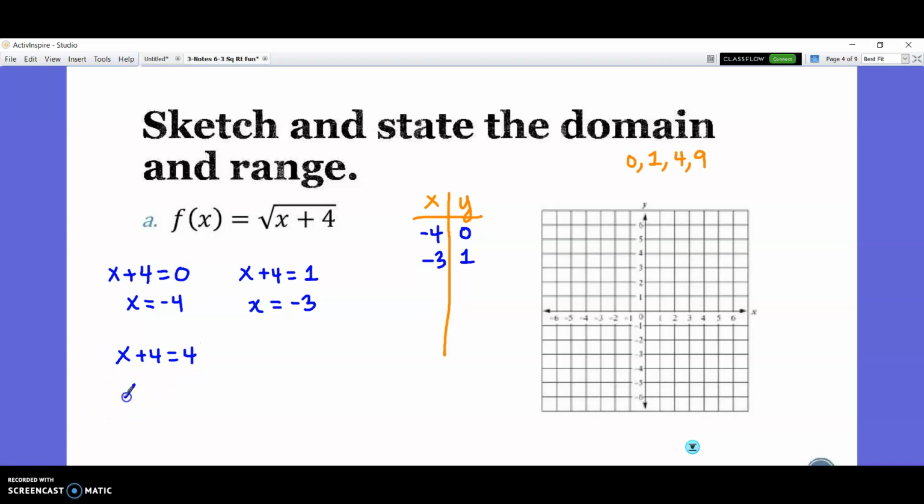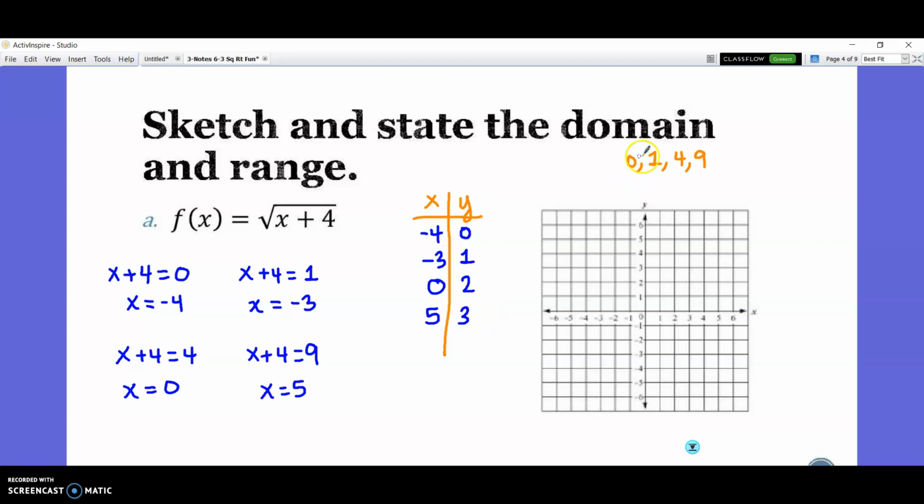If we do that, subtract 4, x would equal 0. So if I plug in 0, 0 plus 4 is 4, square root of 4 is 2. Another number, x plus 4 equals 9. So subtract 4, x would be 5. When I plug in 5, 5 plus 4 is 9, square root of 9 is 3.